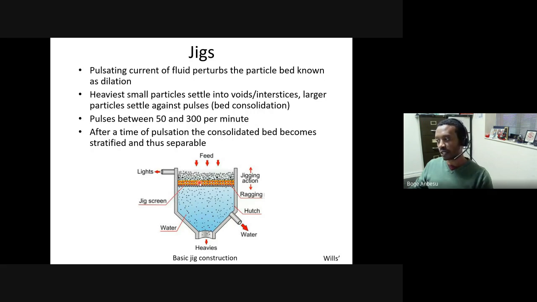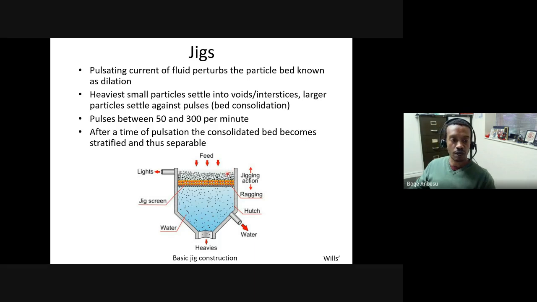So we can apply the jigging action, where we push everything down, for example, in pulsation, and this bed of particles will lift up, and therefore particles will now become loose instead of being compacted. As we lift everything up, the bed will lift and particles will travel upwards. And as soon as you remove the pulsation by, say, suction, what then happens is particles start to fall down.